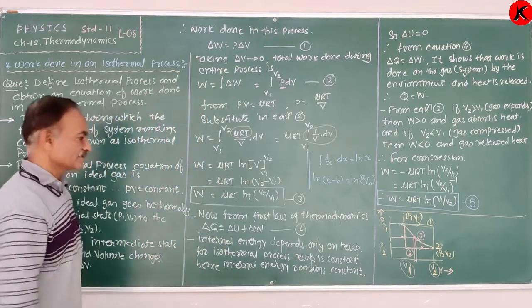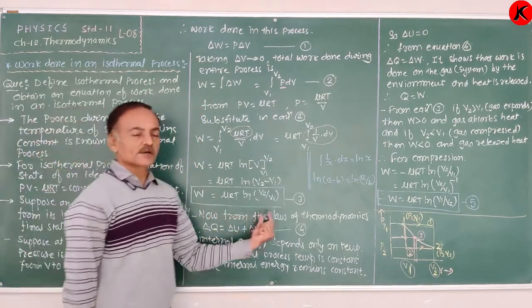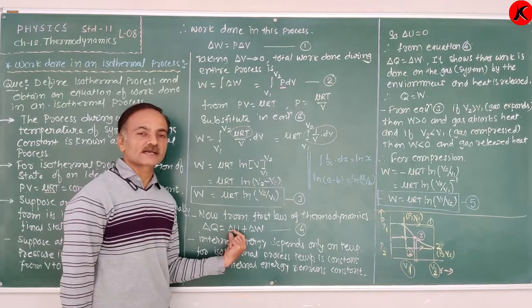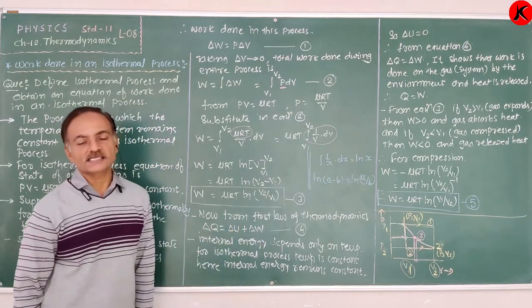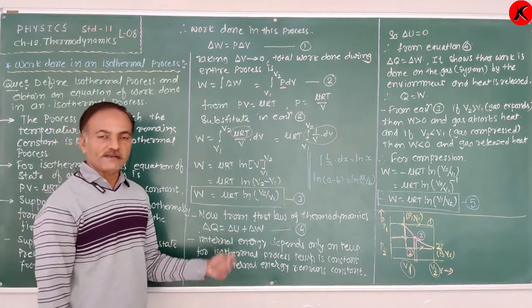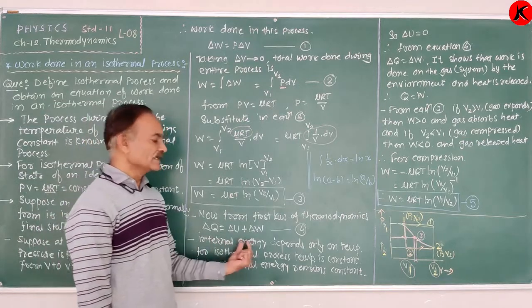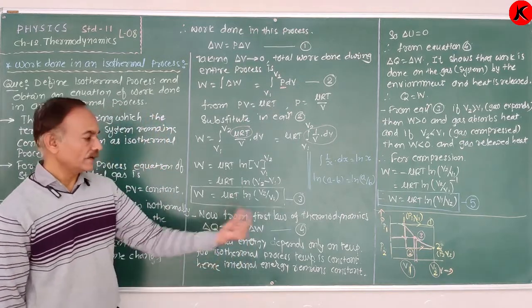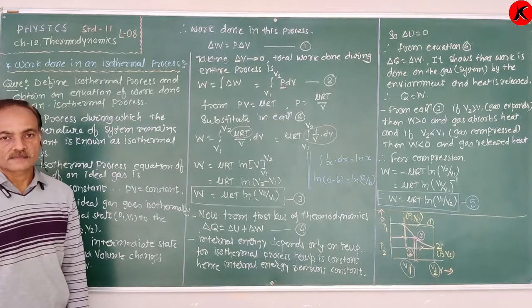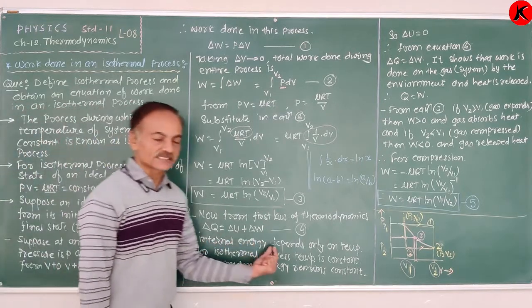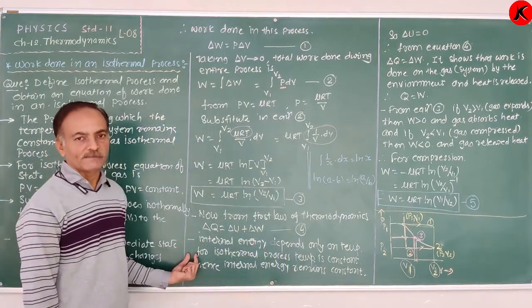For that purpose, from the first law of thermodynamics, delta Q is equal to delta U plus delta W. Already we know that the internal energy of the system depends only on temperature.